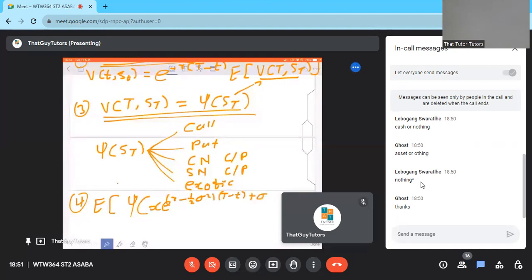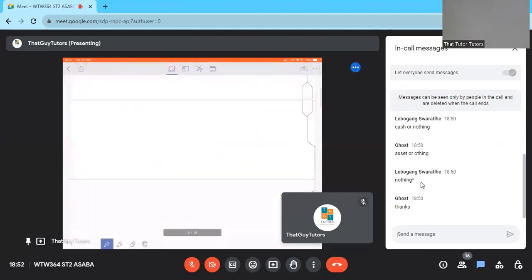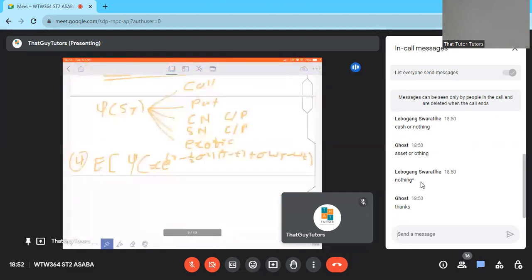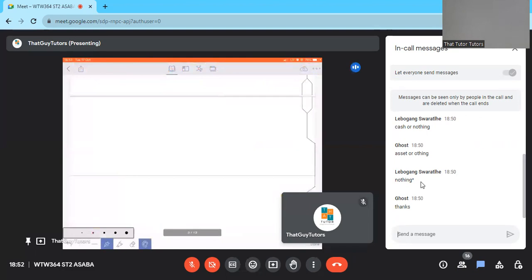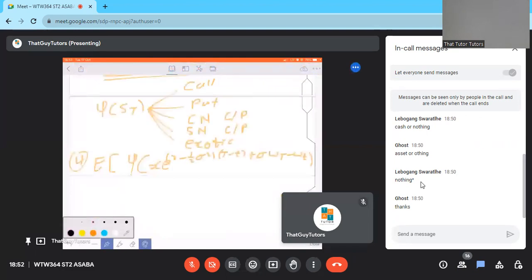What you need to remember is that under the Wiener process, the standardized Brownian motion, W T minus W small t has a normal distribution with mean zero.